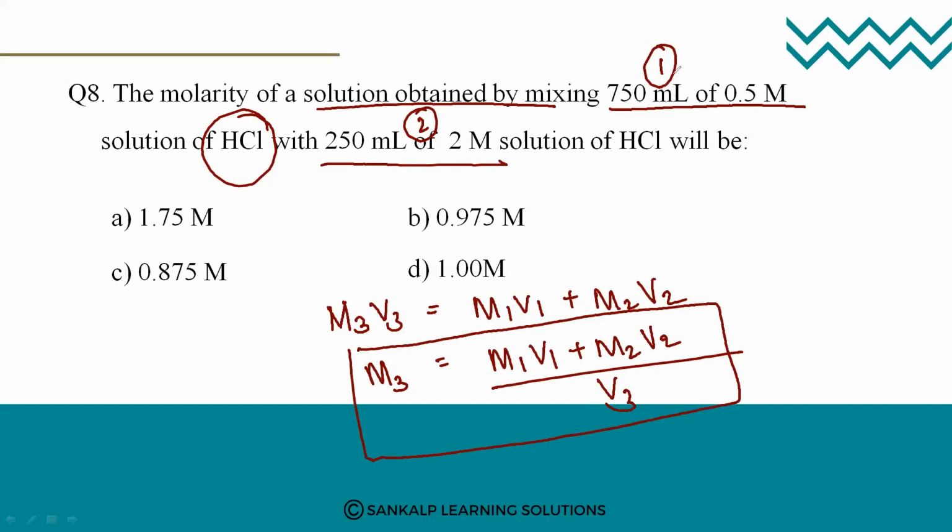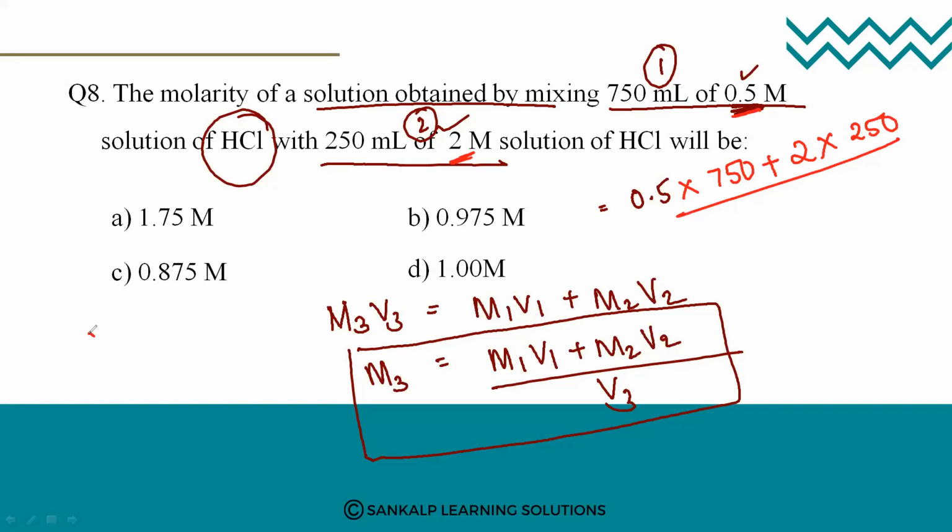750 is the volume of one solution, 250 is the volume of the next solution, and the concentrations are also different. You have to find the molarity of the solution after mixing. So how will you write it? M1 is 0.5, into V1, which is 750, plus M2, which is 2, into 250, divided by V3.